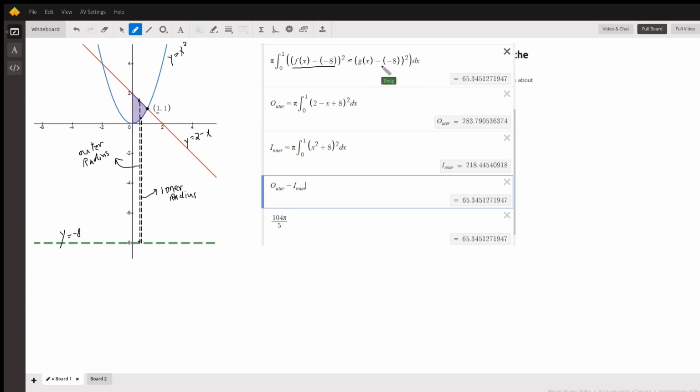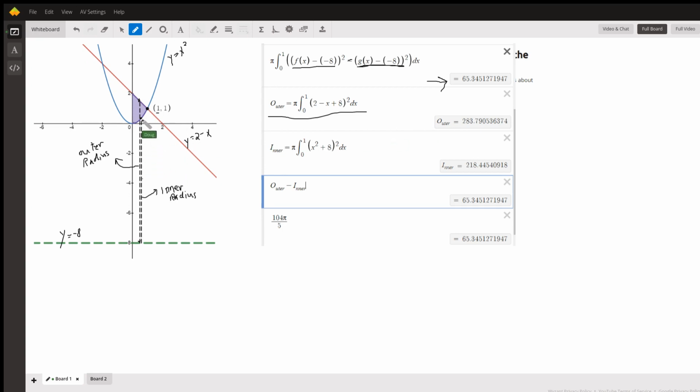And there's a formula for the inner radius. And it looks like we get 65.345 or something close to that. Another way to think about it is that if we use the disk method for the line, there's the volume that'll be created, 283.